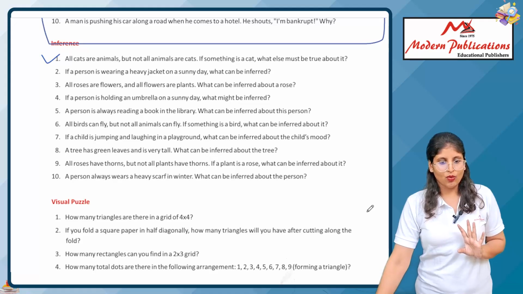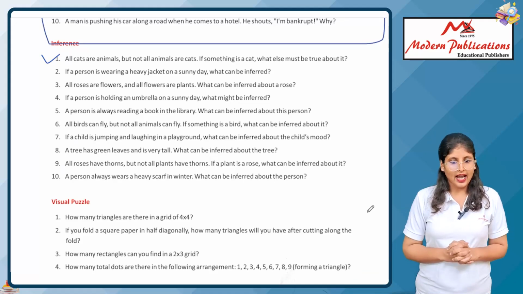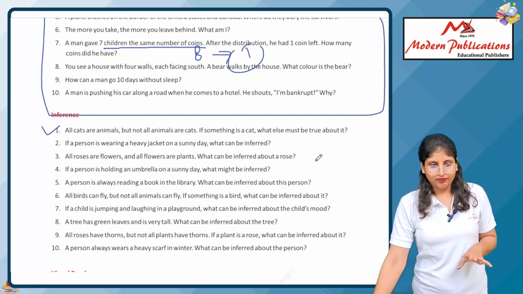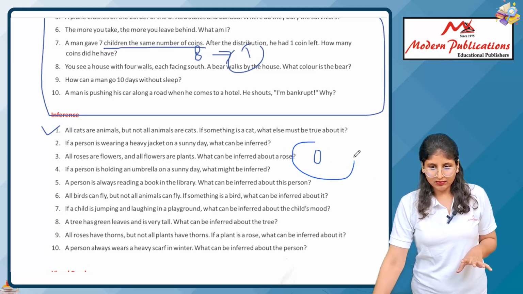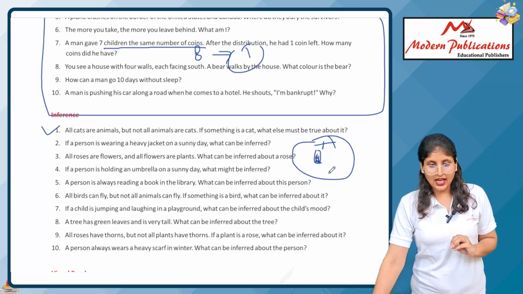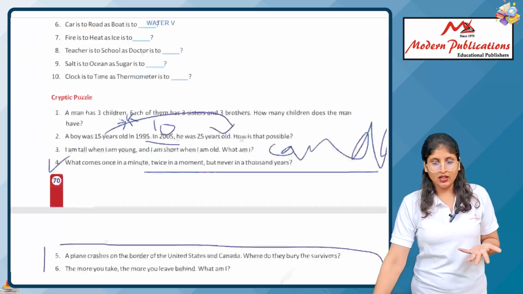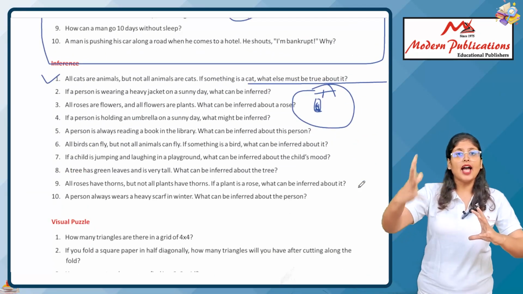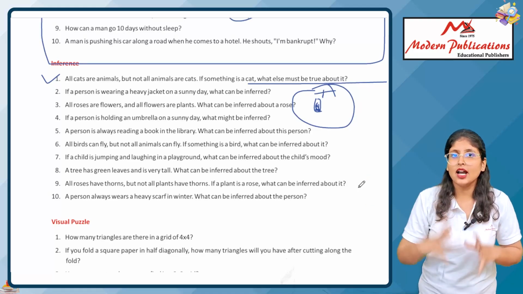Let's move on to the other one. All cats are animals, but not all animals are cats. Let's draw it. Yes, it is possible. Cats come under the animal category, but not all animals are cats.